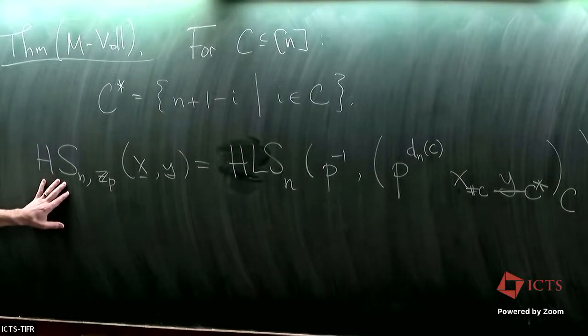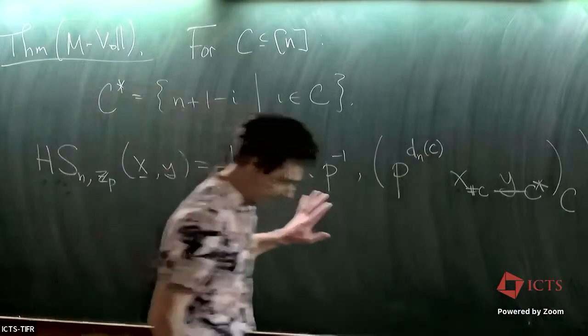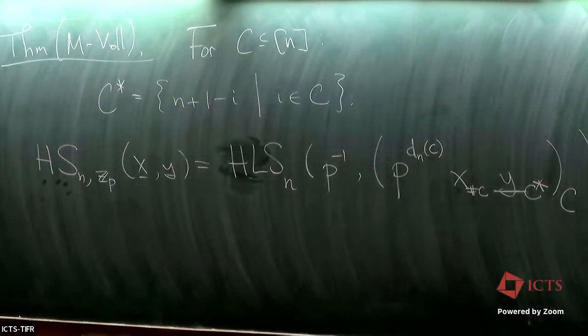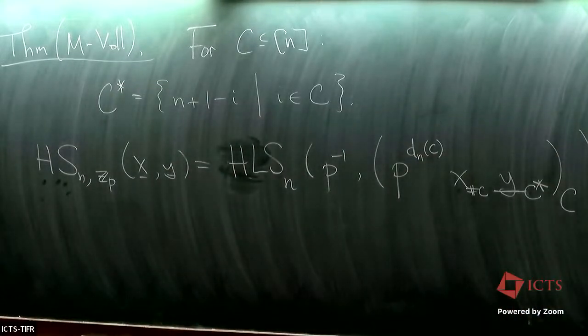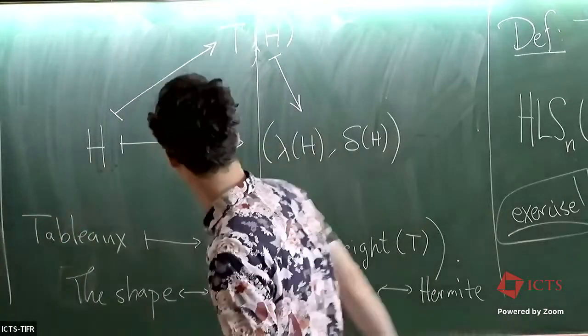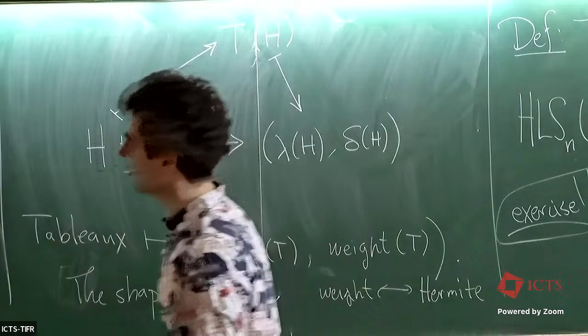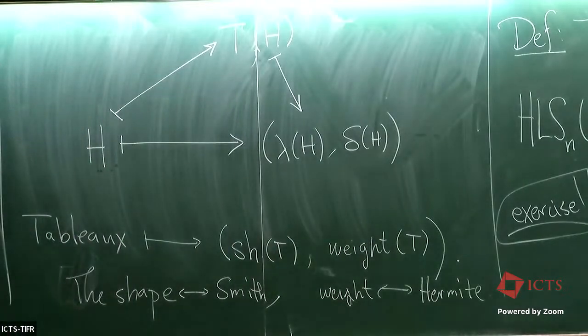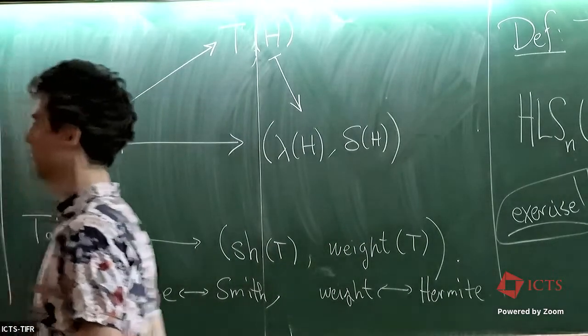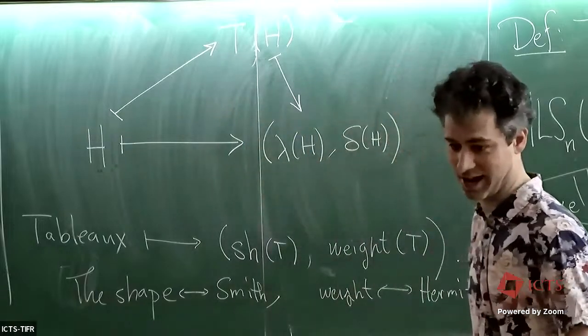So you see that when I look at Hermite-Smith series, I can think of it totally in terms of tableaux. Okay? The proof of this, I only know how to prove by counting a harder problem and specializing. We're going to see that harder problem soon. Not right now, but after lunch.